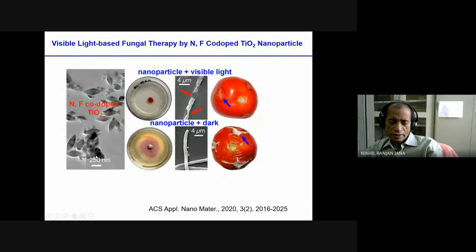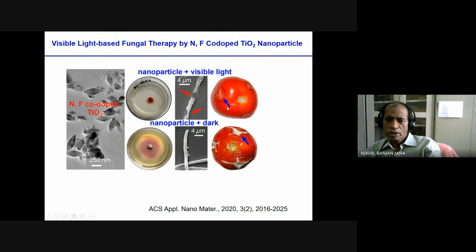This is another example where this is a conventional TiO2 nanoparticle, but it is doped with nitrogen and fluorine so that it captures sunlight, visible light. Once you spray it onto your fruit and expose it to visible light or sunlight, it can kill fungus.